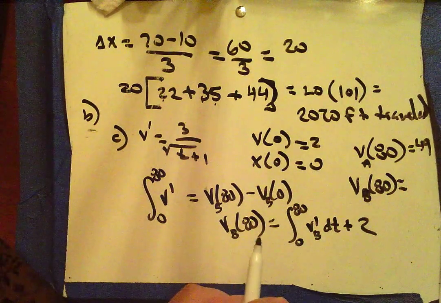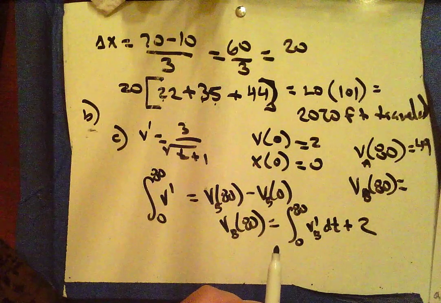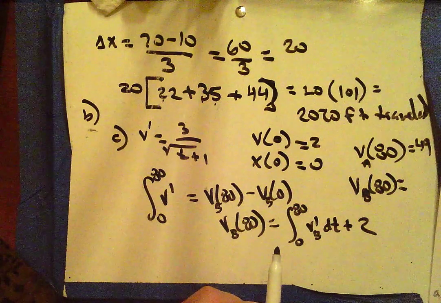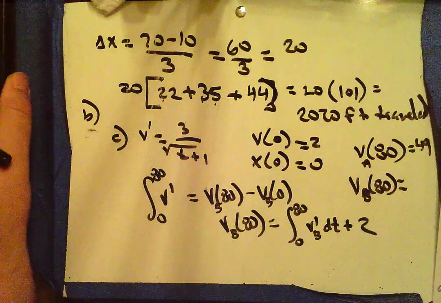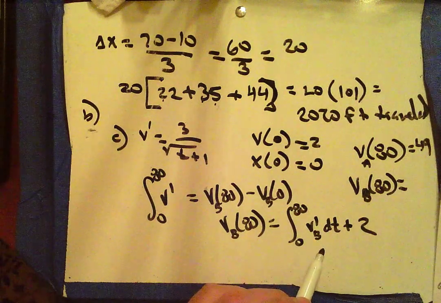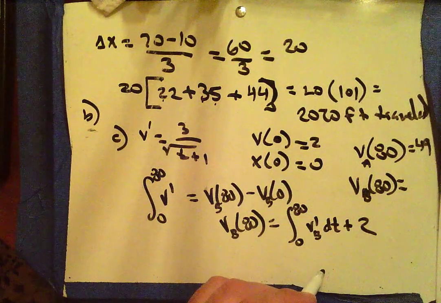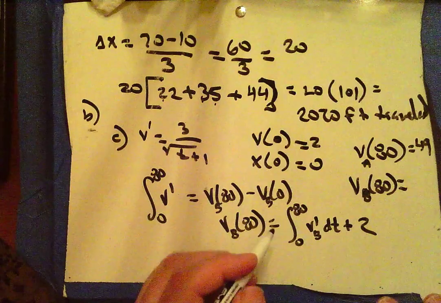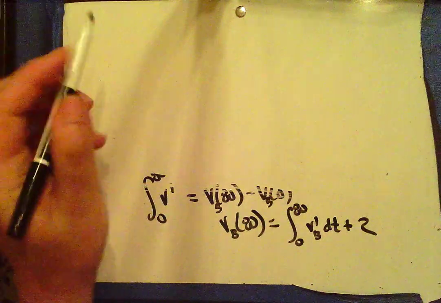Okay, and when I integrate that, I don't have a value here for you. Oh, yes, I do. 80. This is without calculator. Okay, so I've got to do some computation. All right, let's do some computation.